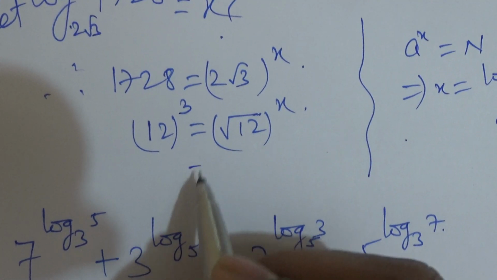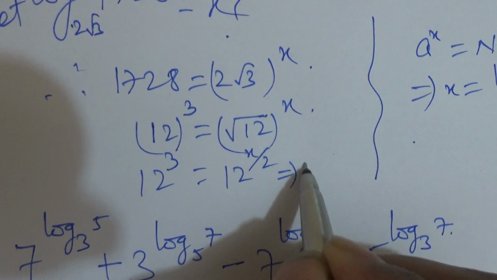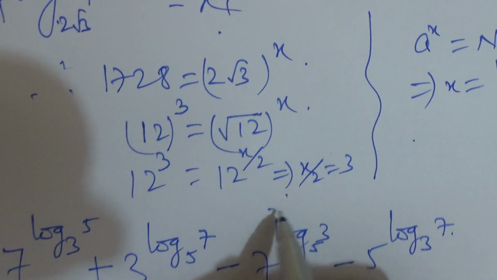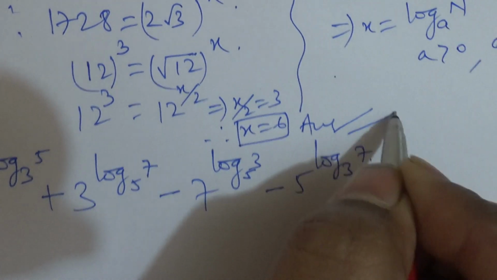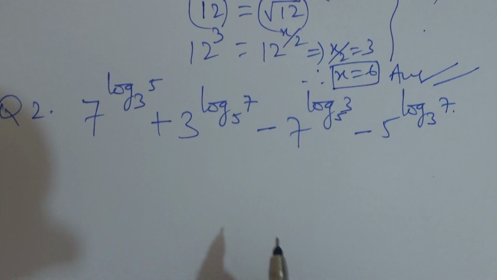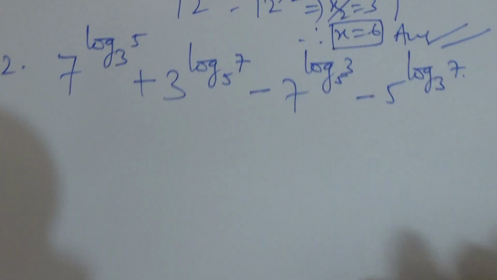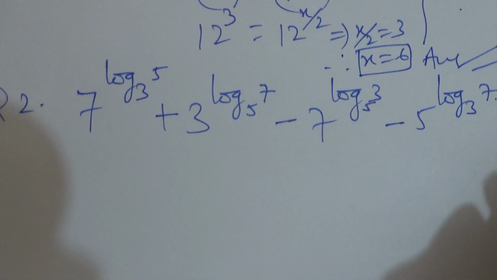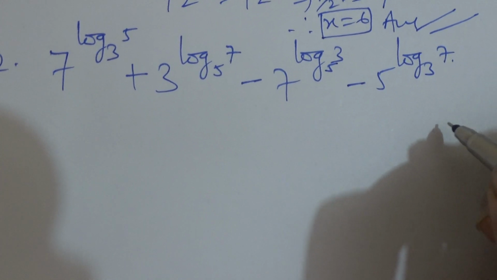So this can be written as 12 to the power x upon 2 equal to 12 to the power 3. This implies x upon 2 equal to 3, therefore x equal to 6. Could you follow? Now, one important property we have learned, some ninth and 10th number property.